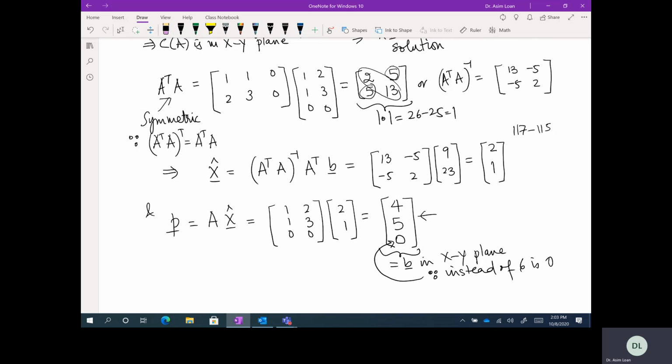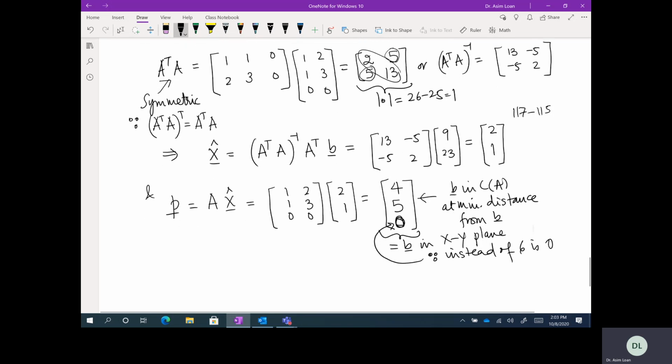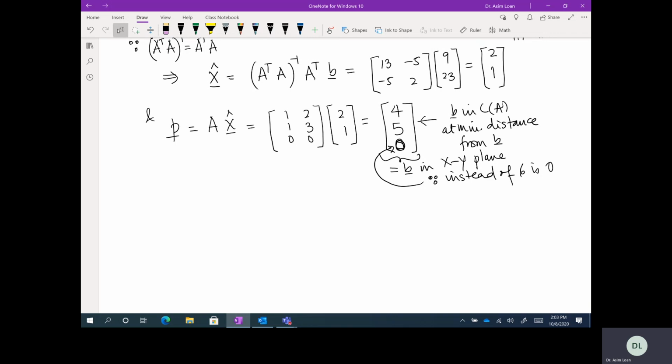This is the point B in the column space of A, and it is at minimum distance from B, because you can easily visualize this z axis, z coordinate is 0, so obviously it has to be below the vector B, which is 4, 5, and 6. Okay, good.